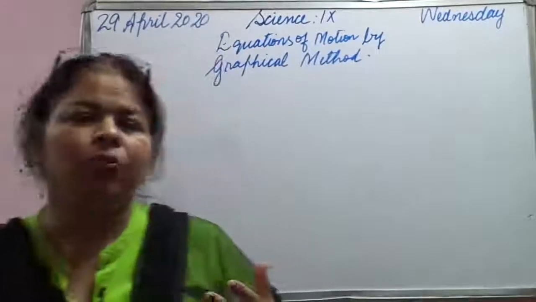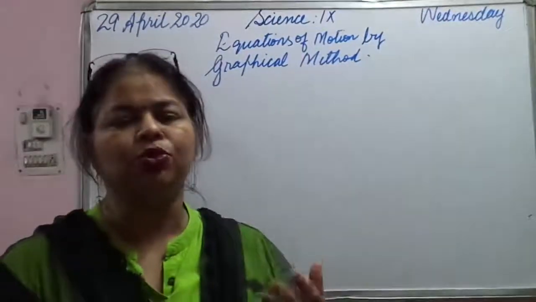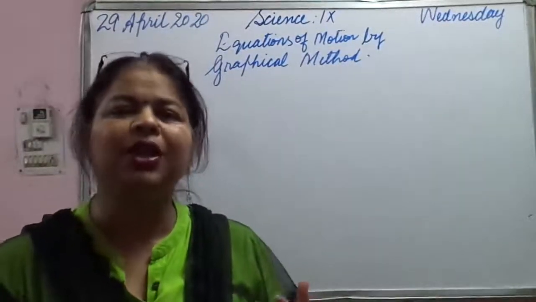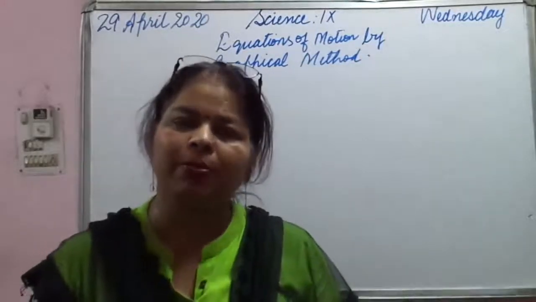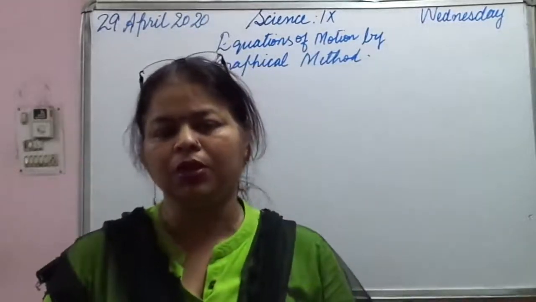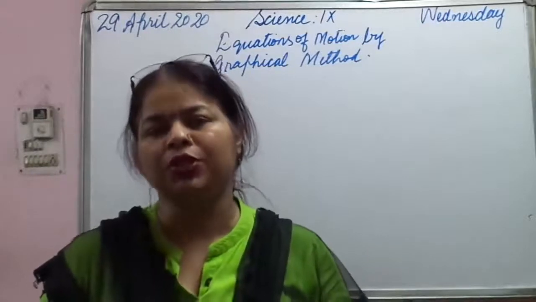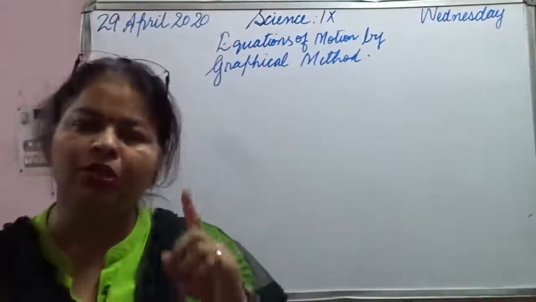When the uniformly accelerated motion of a body is described, it is described by 3 equations of motion. Now what are these equations? Let us talk about the first equation.